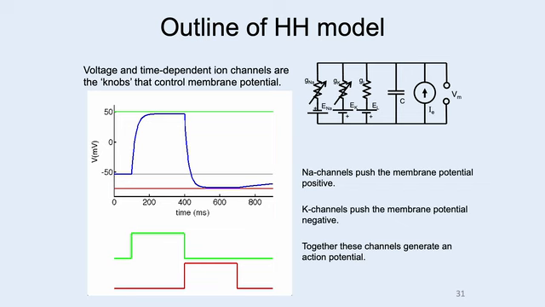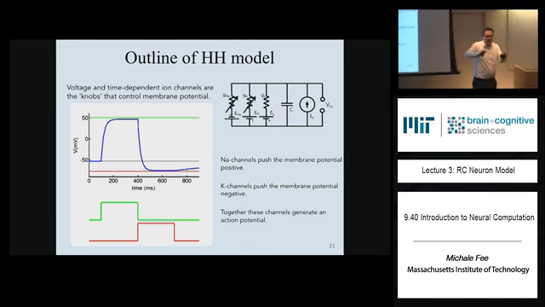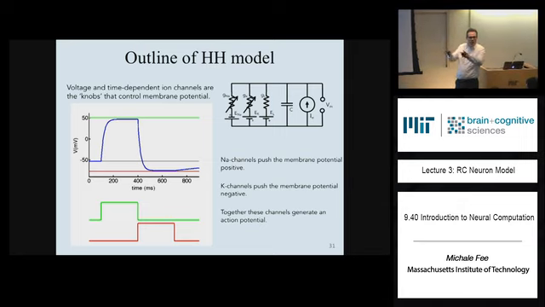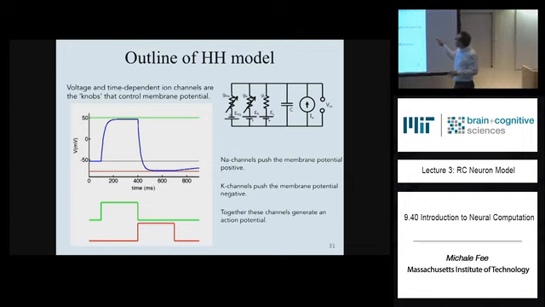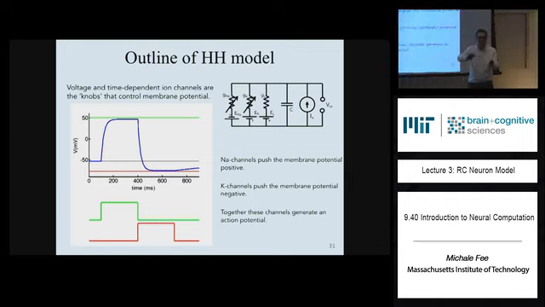So look, conductances are just knobs that allow the cell to control its voltage. Anthropomorphic way to put it. See, you can control the voltage of the cell just by setting the values of those resistors.